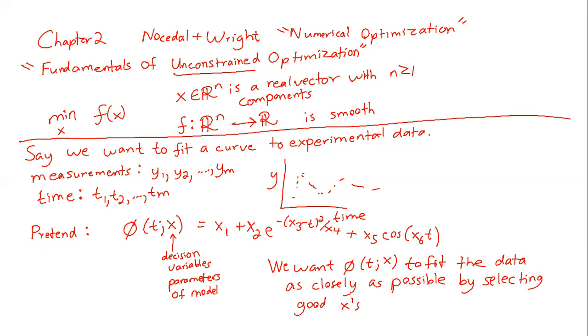And so we can call our decision variable vector as being x1 to x6.